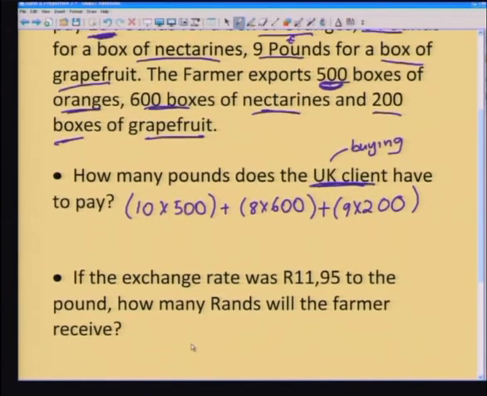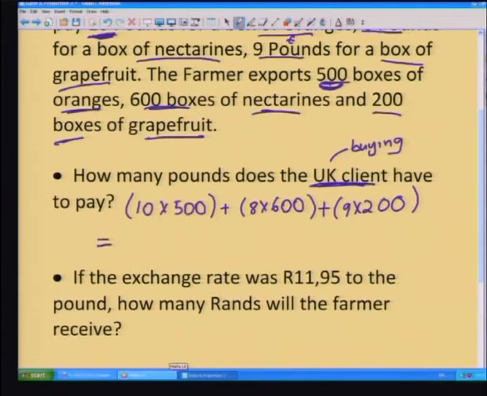Okay, so we can work each of these out individually on our calculator and then put down the final answer. Or we can just put all of this into the calculator and let's see what we get.